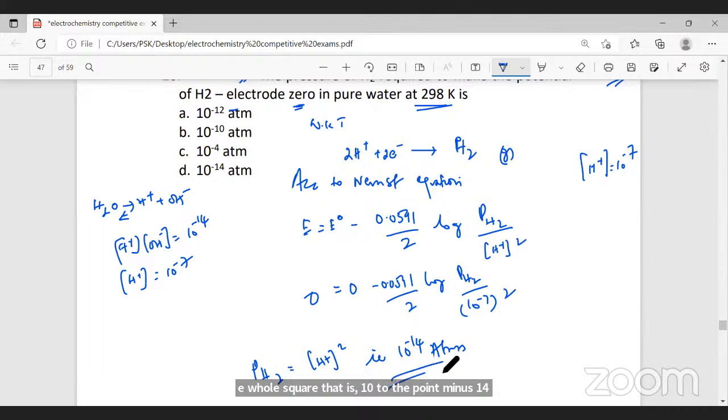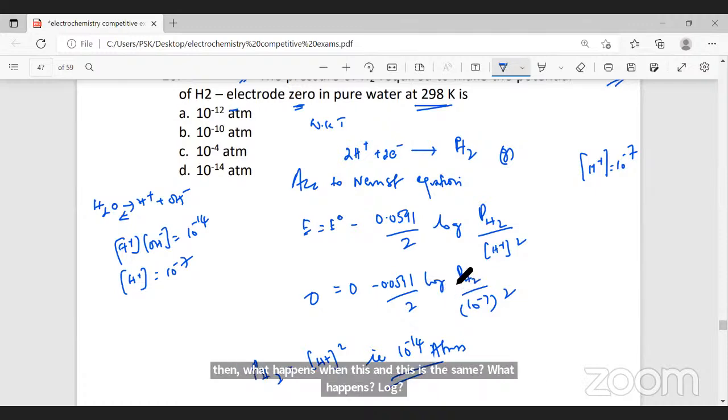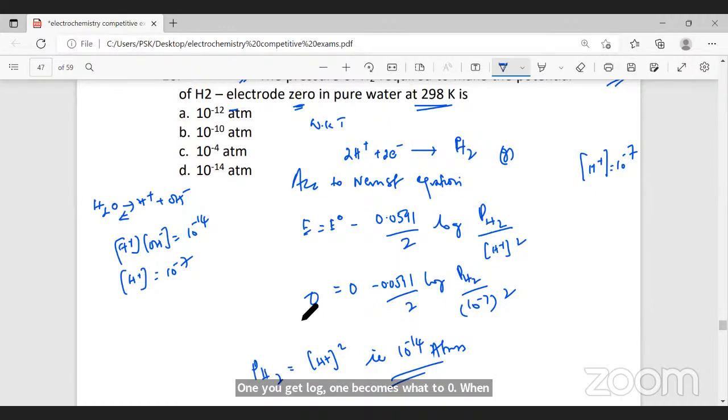Only then, when this and this are the same, you get log 1. Log 1 becomes 0, and the electrode potential becomes equal to 0. If the electrode potential has to become 0, then the pressure of hydrogen gas should be equal to the concentration of hydrogen ions as per this equation. So 10 to the power minus 7, the whole square, is 10 to the power minus 14 atmosphere. Hence the answer for this question is option D.